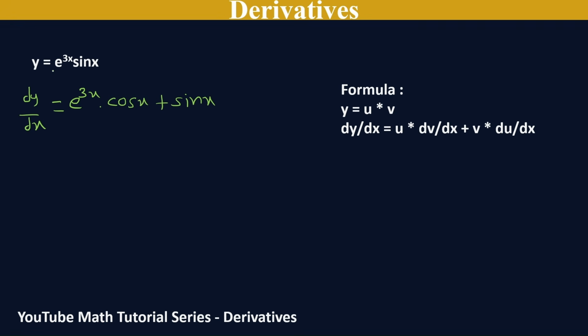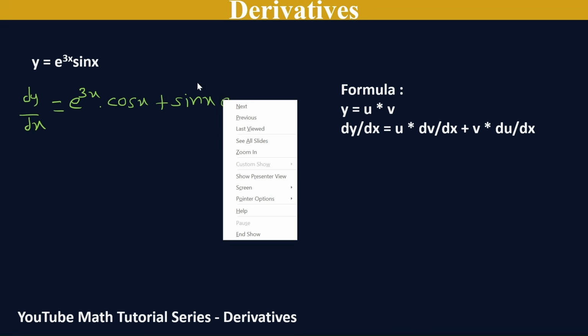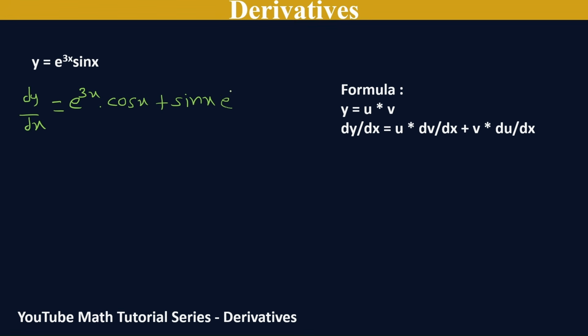What is the derivative of e to the power 3x? For e to the power any term, the derivative is that same term. So e to the power 3x will be the derivative, and also by chain rule, the derivative of 3x is 3. So what we are getting in this case, what is common, let's keep it aside.